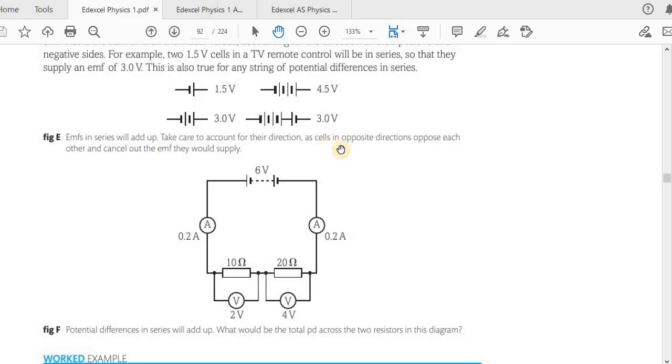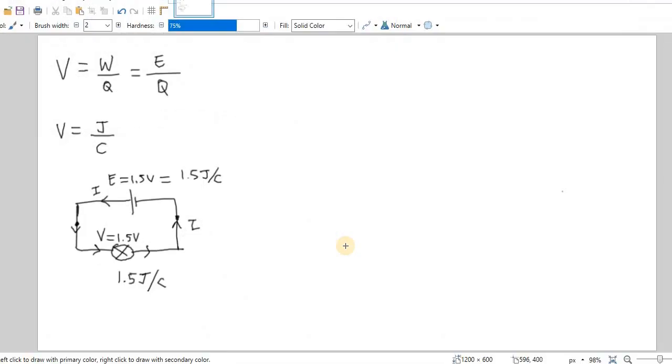Cells in opposite directions means the cells are connected so that the same terminals are facing each other. For example, if you take a battery or cell, this side is positive, this side is negative. You can see it shown on this battery. If you connect another one like this, they should be touching each other.